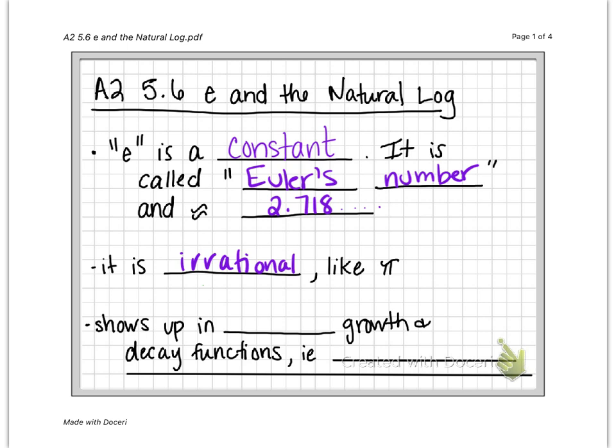Okay, so it's just like a number. It shows up in different places in real life. It shows up when we're trying to model continuous growth. Like we talked about compound interest, right? Compound interest formula is for when something is being compounded every month or every year or twice a year.